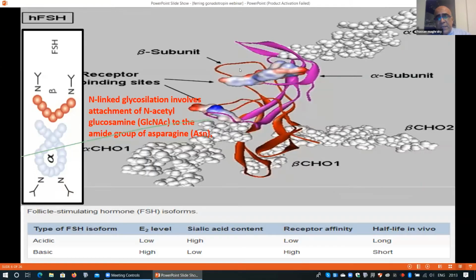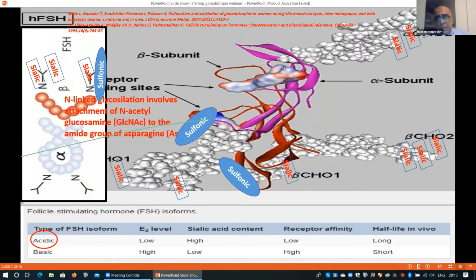So again, FSH in all products has alpha and beta chain, and the alpha chain has 2 N-glycosylated carbohydrates, and the beta chain has 2 N-glycosylated carbohydrates. If the carbohydrates are linked to sialic acid, mainly the compound is acidic, and if it is acidic, the estradiol resulting is low, sialic acid content is high, receptor affinity is low, and the half-life is long.